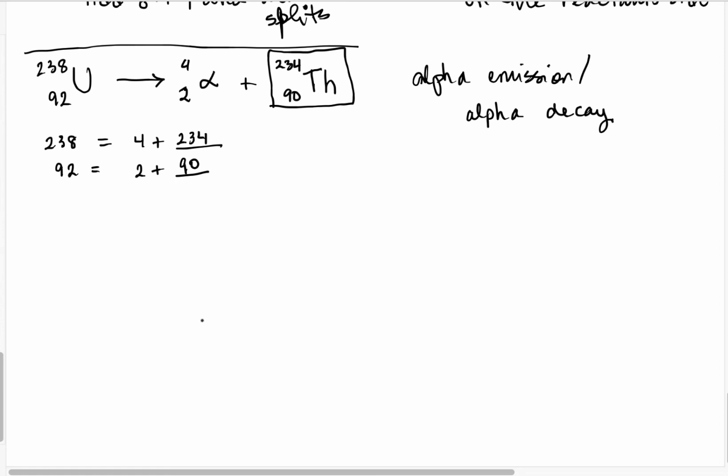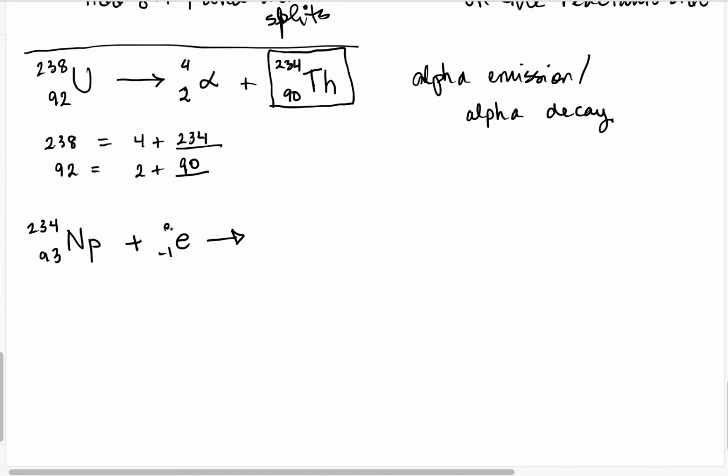Okay, so this is an example of alpha decay or alpha emission. Another example of a radioactive decay would be neptunium. This isotope is neptunium-234, and it decays by electron capture. So our process would look like this.